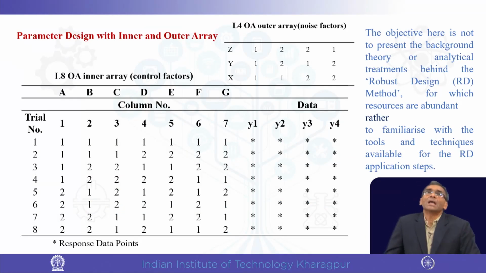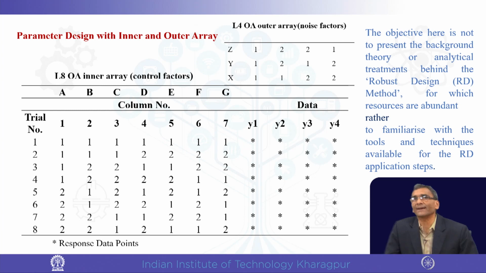Now, this is what you will see when you study anything in parameter design. I will soon after give all the links. You can see this is a combination of two arrays. One is L8 for the inner array or control array, which Taguchi called the inner array, L8 or OA8, and on top you find L4 or OA4, the outer array, which is the noise factor.